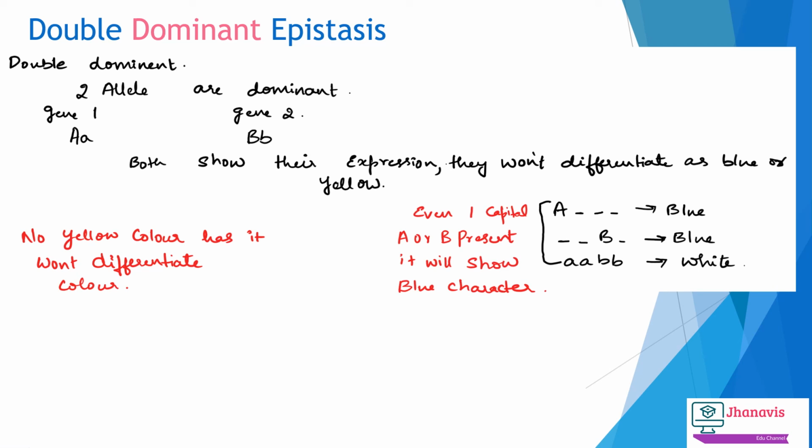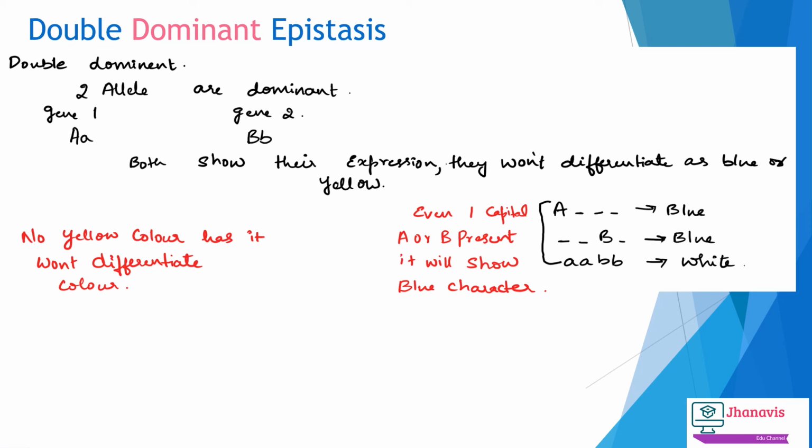It will code for a blue color flower. The same thing, if only one capital B is present, it's enough to express its character as blue. Only one condition will show you a white color flower, that is small a and small b. So only one recessive condition will be seen, that is of white color.